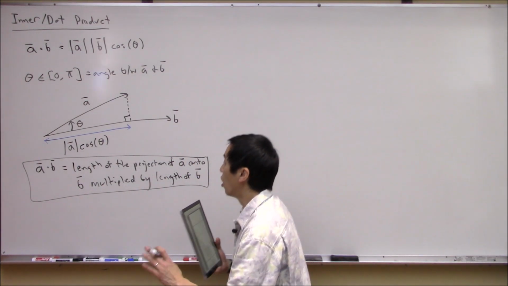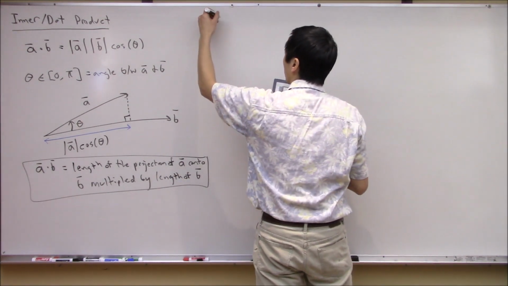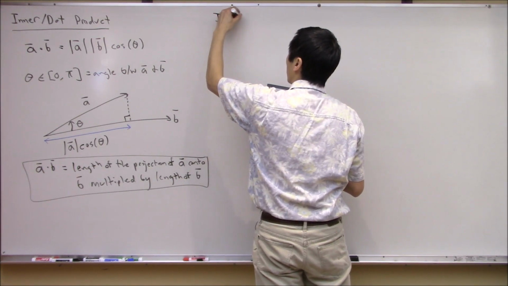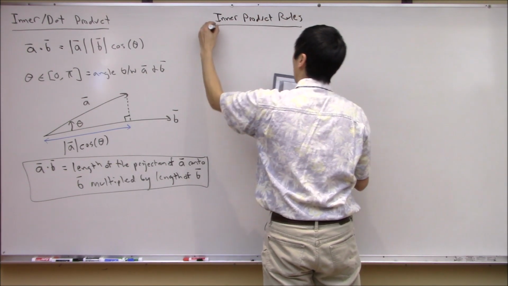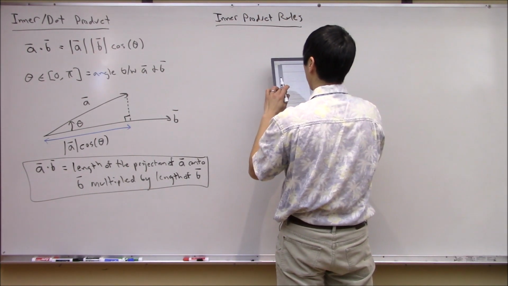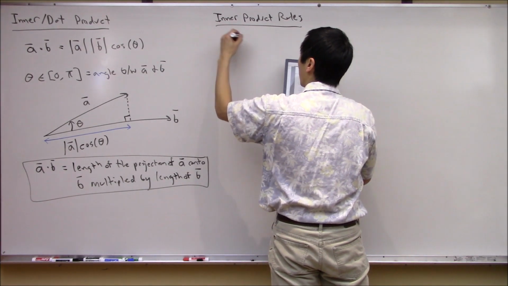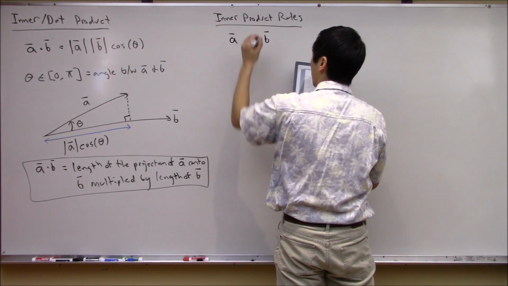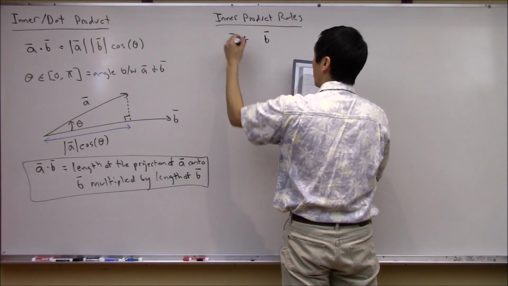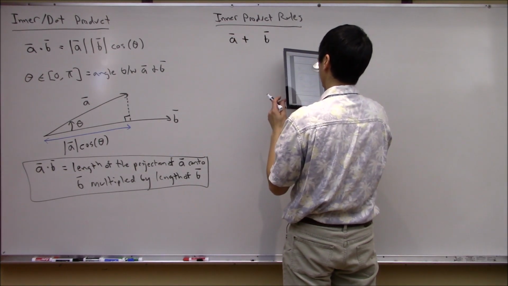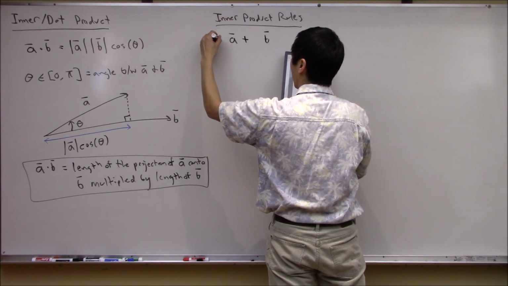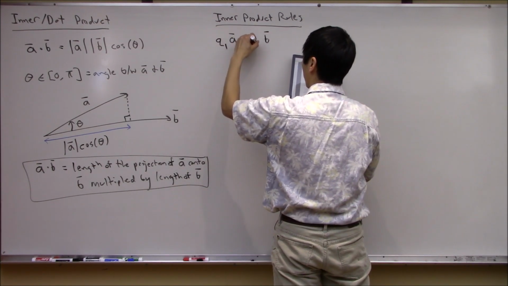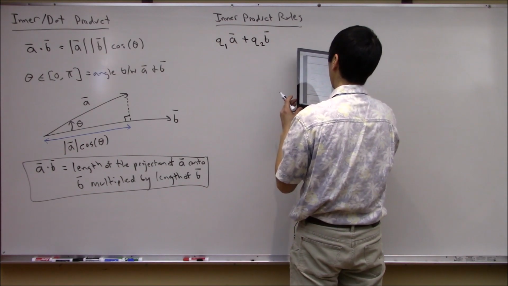the road, okay? All right, so while we're talking about this, let's talk about some inner product rules or properties, however you like to think about this. So again, let's say you have an A and then you have a vector B, and let's say you want to add these two things together, and maybe you're going to multiply by some scalar q1 in front here and some scalar q2, something like this.